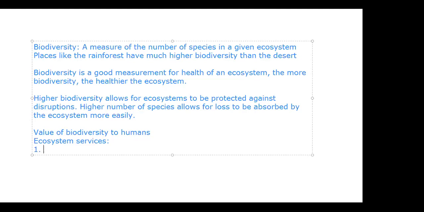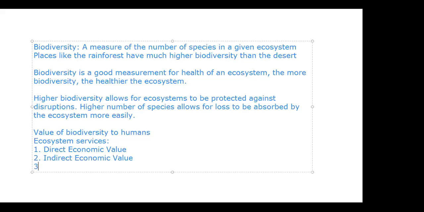They're going to provide, 1, a direct economic value, indirect economic value, and then the final one, this one's a little bit harder to put, what's the word I'm looking for?